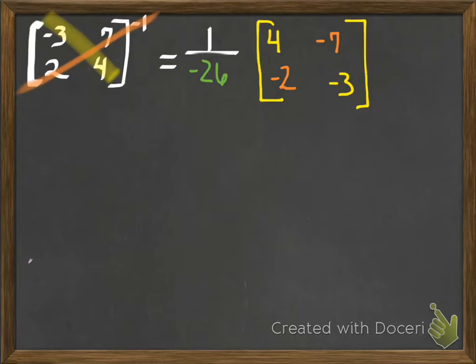Did my determinant change anything here? So I would still have a negative 12 minus a positive 14. So my determinant doesn't change when you rearrange it. But now we're going to multiply everything by that fraction in the front.